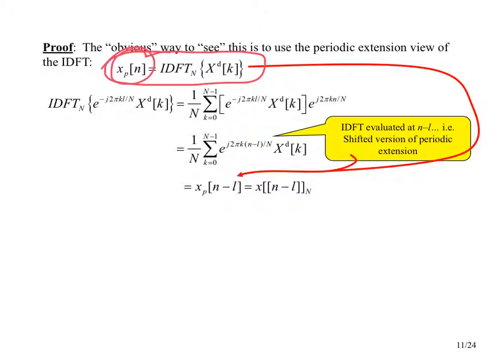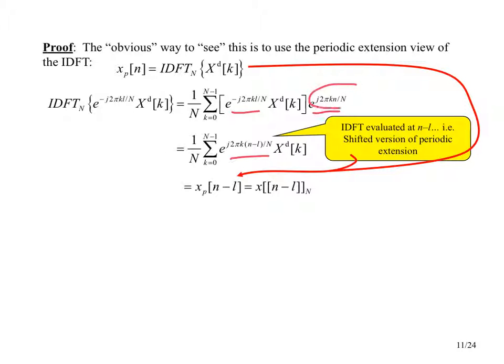But let's see what happens if we start with our DFT, we apply a linear phase term to it, and then we take the inverse DFT of that. So we can just plug in this thing inside the summation for a DFT. So there we have it. Clear some of this stuff off here. And so now we're going to combine this exponential with this exponential, and so we get something that looks like this.